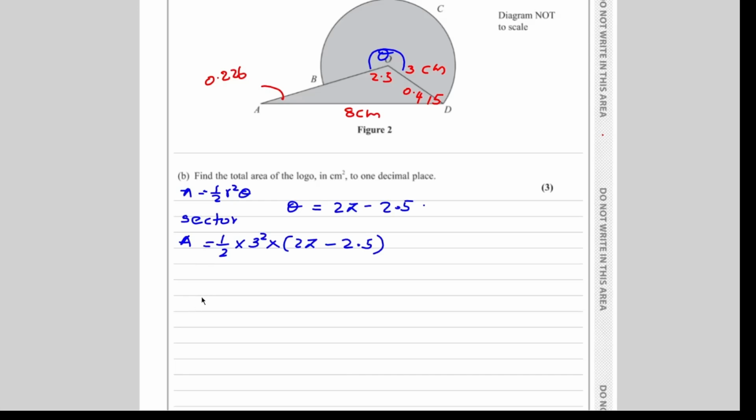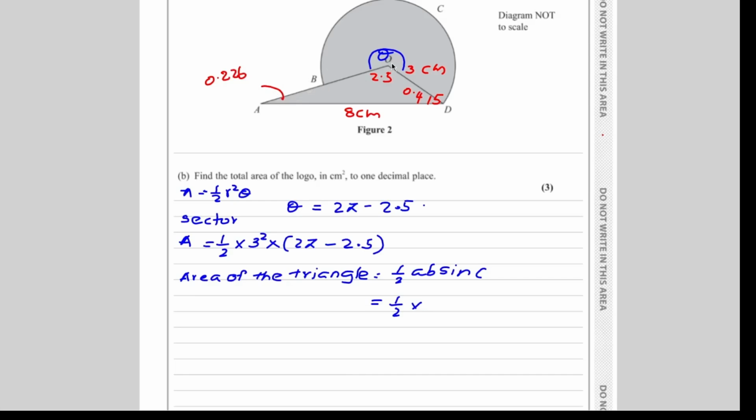Now we need to get the area of the triangle. To get the area of the triangle, we know that it is half AB sine C. So half, A is this one, B is this one, C is the in-between angle. If you move on to this one, you don't know this side.